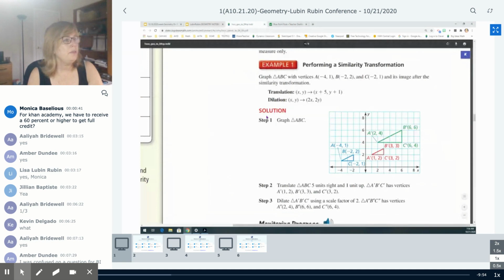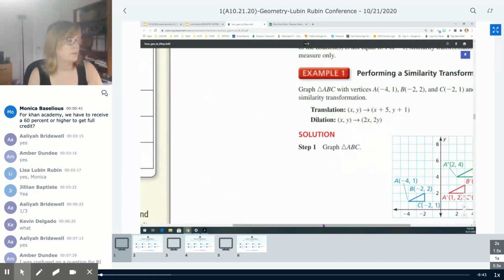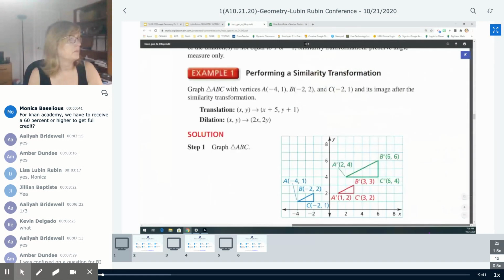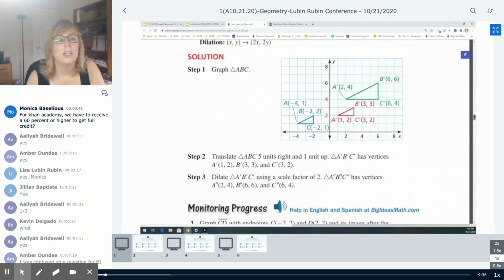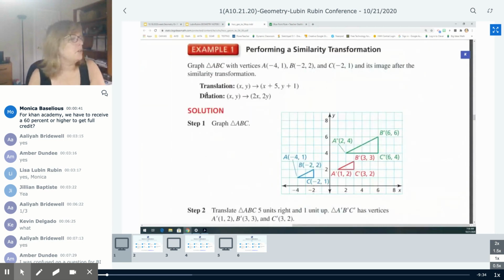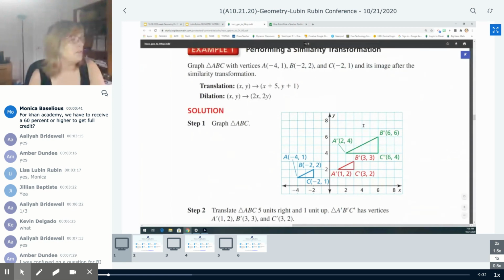So here, you have a translation. I wonder if I can make this a little bigger. That's better. Okay. So here you have a similarity transformation because you are going to be graphing a triangle. We're starting with the blue one because the blue one is your original figure.